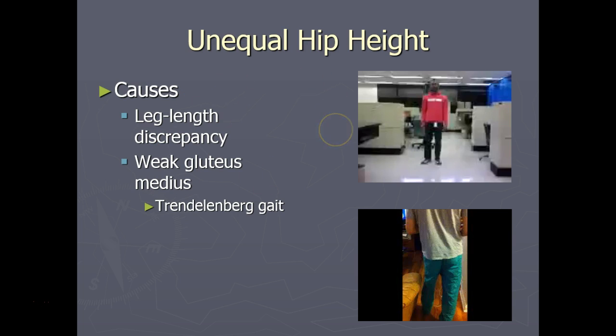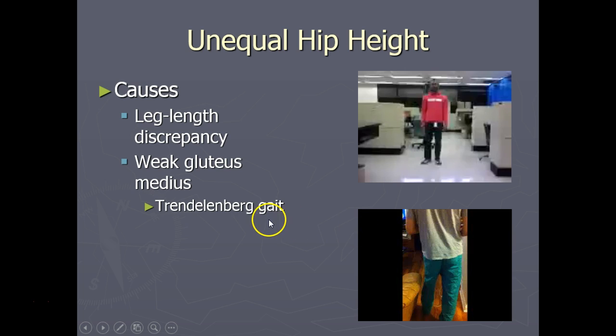Okay, next we have unequal hip height. Most often, unequal hip height has been linked to a leg length discrepancy. And so this is what we would call an anatomical true leg length discrepancy. However, there are other reasons that you would have unequal hip height in a patient in the lower extremity. One of them would be a glute medius weakness. And we're all going to do a Trendelenburg's gait.